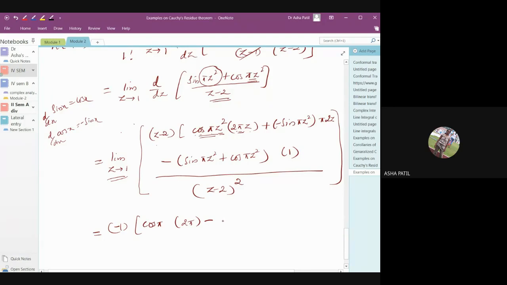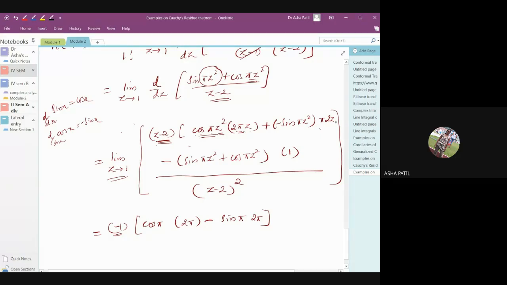what will you get there? Sin pi into 2 pi. Anyhow, this is minus 1, z minus 2 is multiplied only to this term. Z minus 2 means you'll get minus 1, which is multiplied only to these terms.